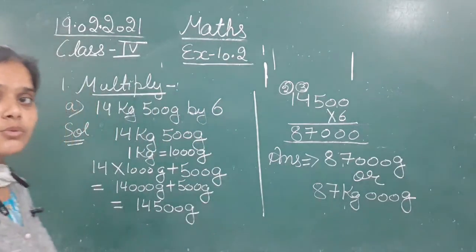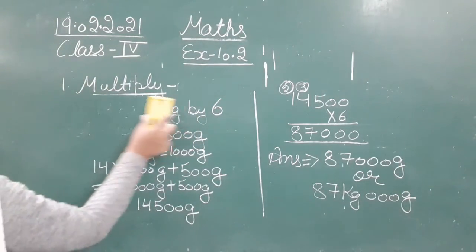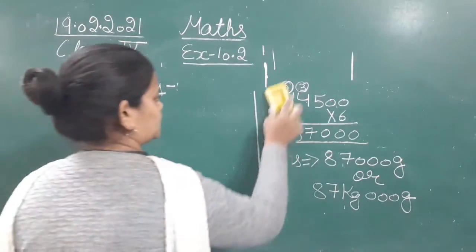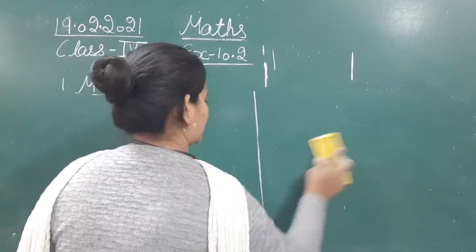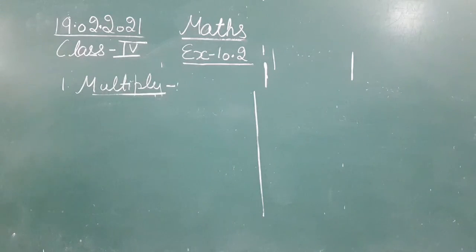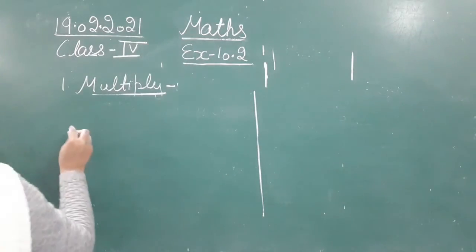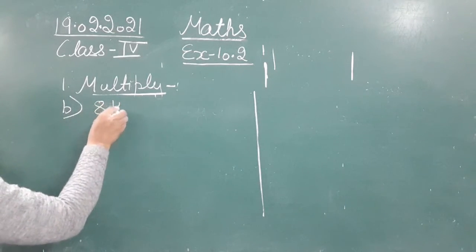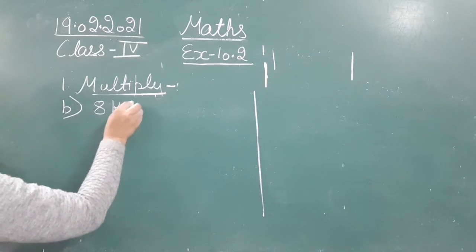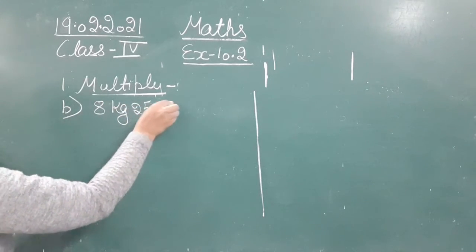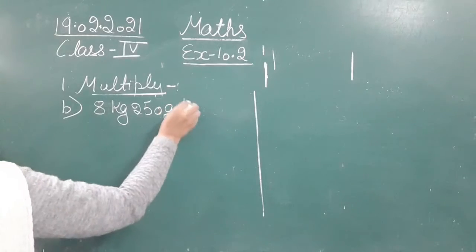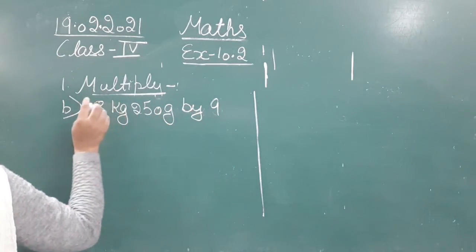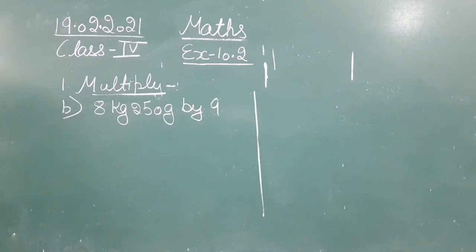So let's do the B part of the same first question. We need to multiply 8 kg 250 gram by 9.